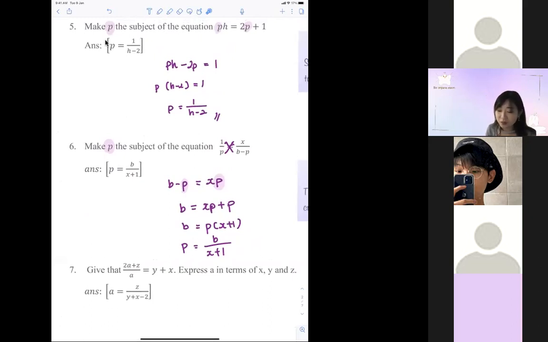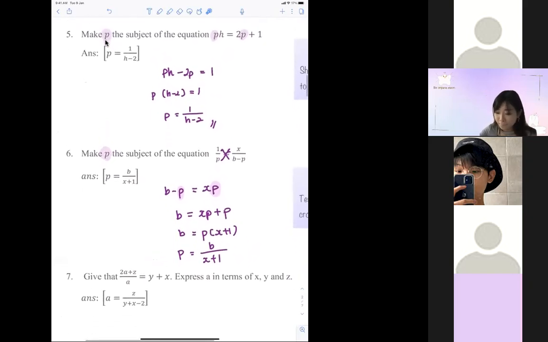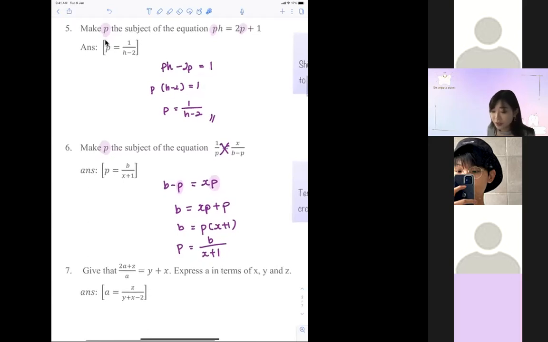Don, I'm at making the subject, okay? When you're done copying, can you help me put a thumbs up? I give Don some time to copy. Can you help me try question 7? Okay, Don, when you're done copying 5 and 6, you let me know. Just put a thumbs up.